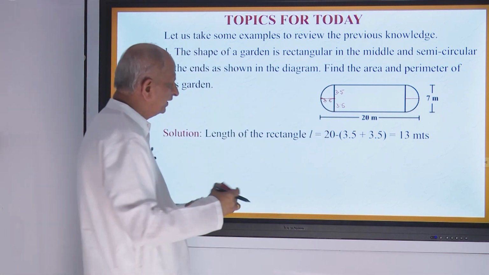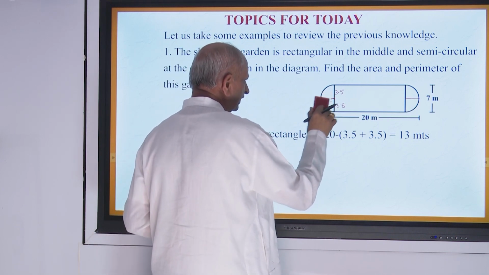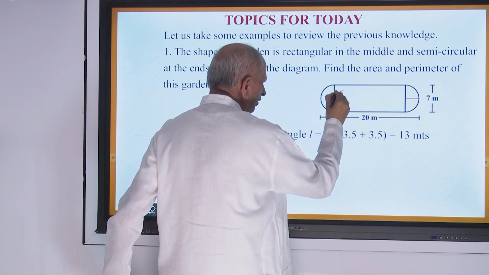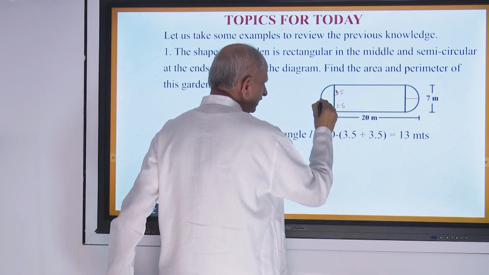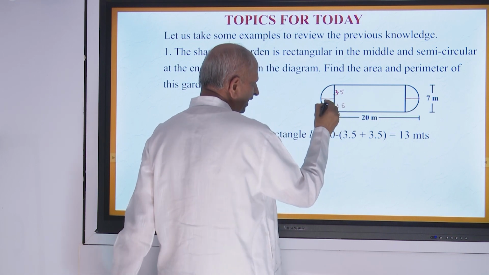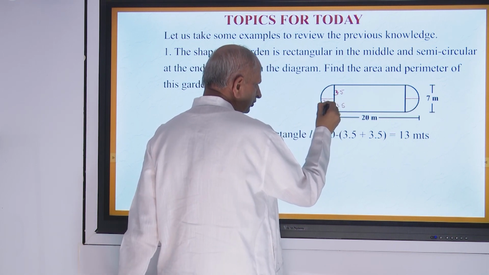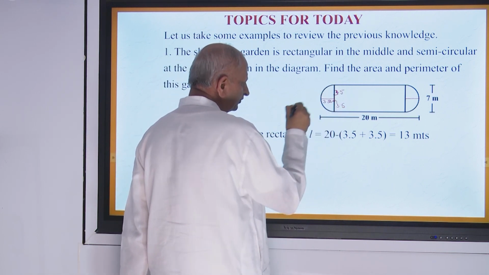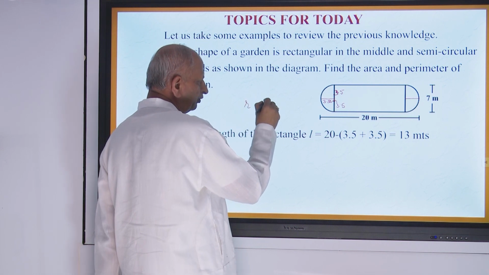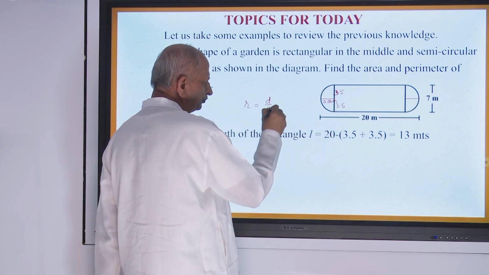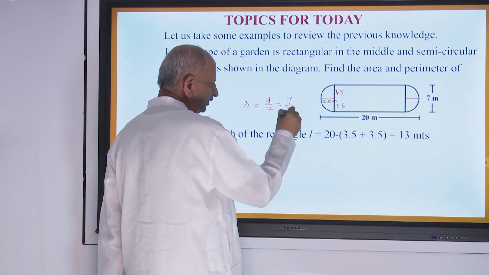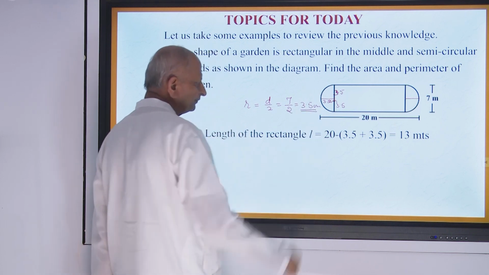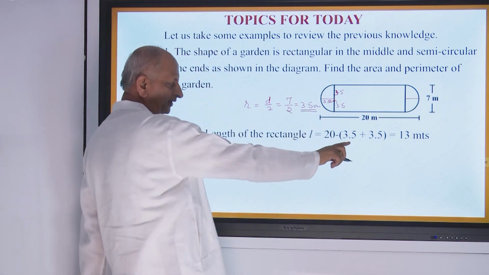That is something you should know. How did we get 3.5? That is half of the diameter. As you know, radius r is equal to d by 2. d is 7, so 7 by 2 is 3.5 meters. That is how you got 3.5 here.